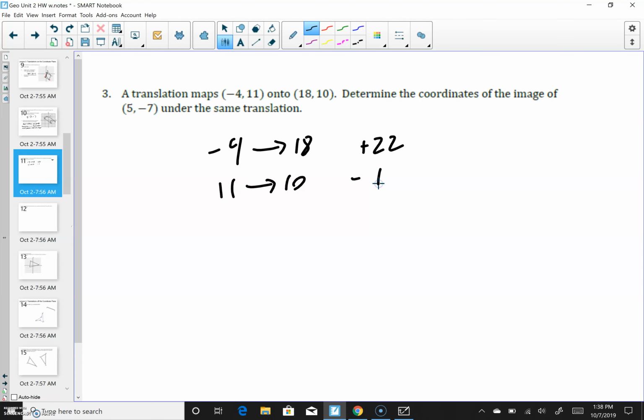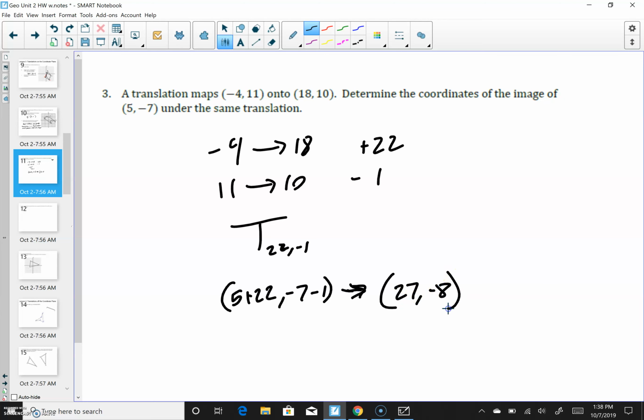So the translation overall that was applied here is capital T (22, -1). So if we do that same translation to that next point, 5 plus 22 is going to give us 27, and negative 7 minus 1 is going to give us negative 8, and that's going to be our image of that new point.